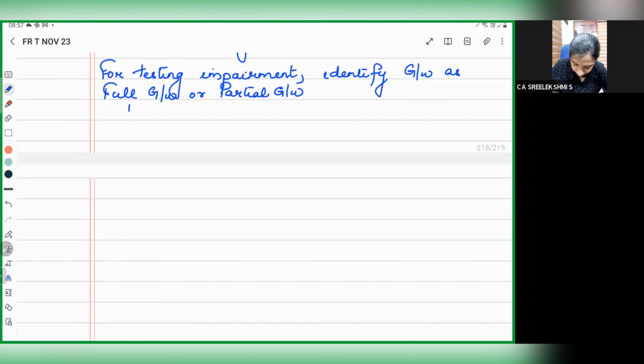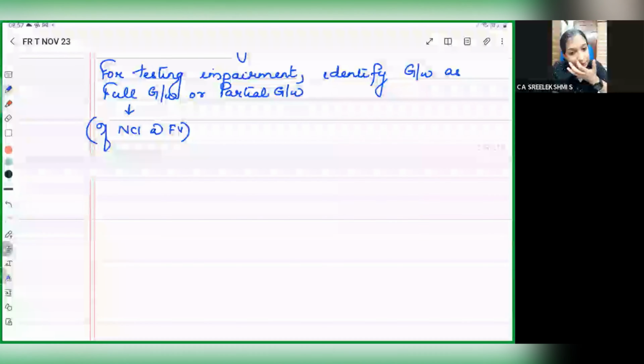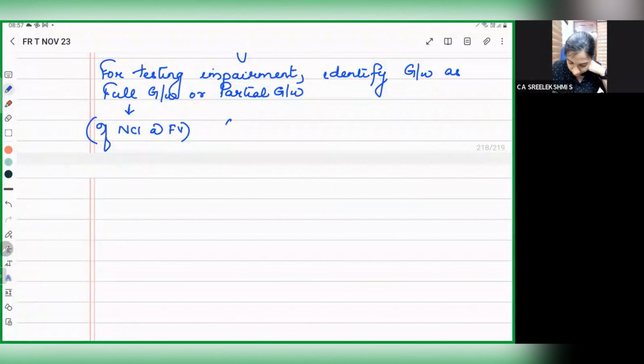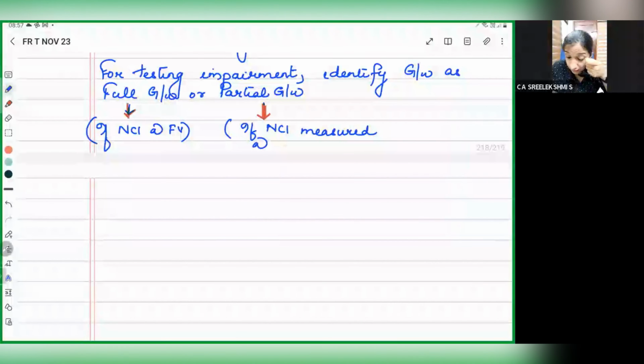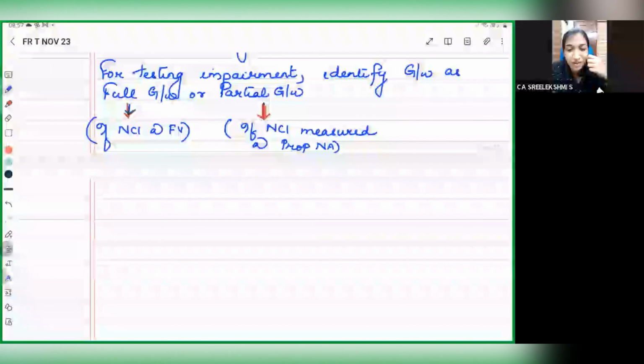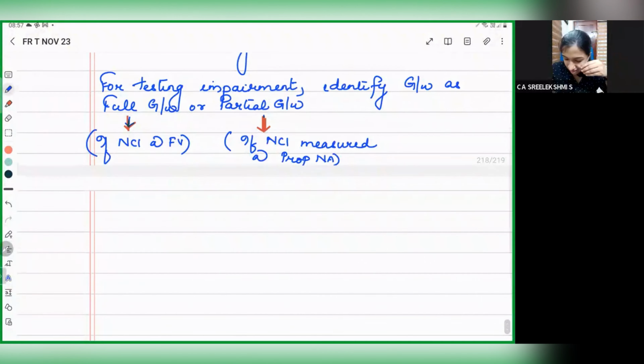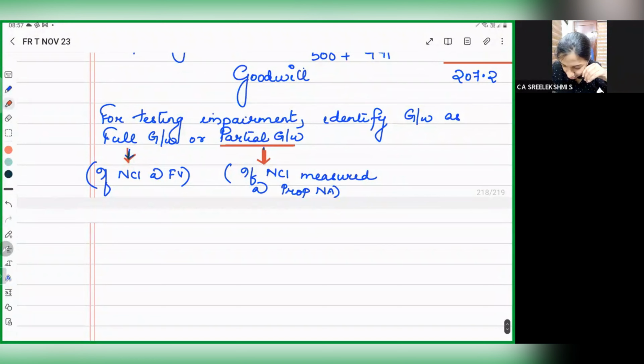Full goodwill means NCI is measured at fair value at the beginning, on the date of acquisition. It is partial if NCI is measured at proportionate net assets. Here you have measured NCI at proportionate net assets, so goodwill is partial goodwill.